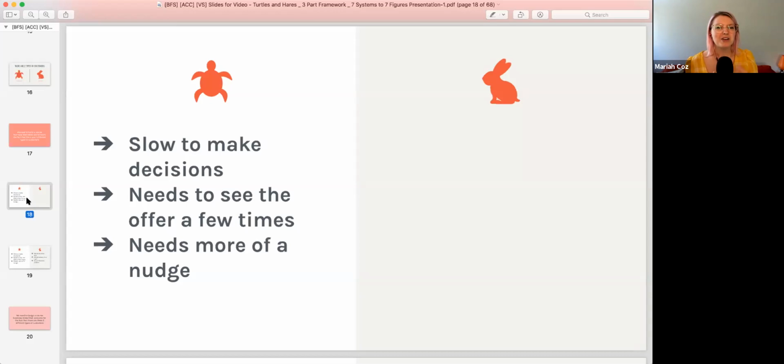So a turtle takes a long time to make a decision. They need to see the offer a few times. If you've ever heard that old marketing phrase that someone needs to see a product 7 times before they buy it, that's a turtle. So they need to see your offer multiple times before they purchase, and they need more of a nudge.